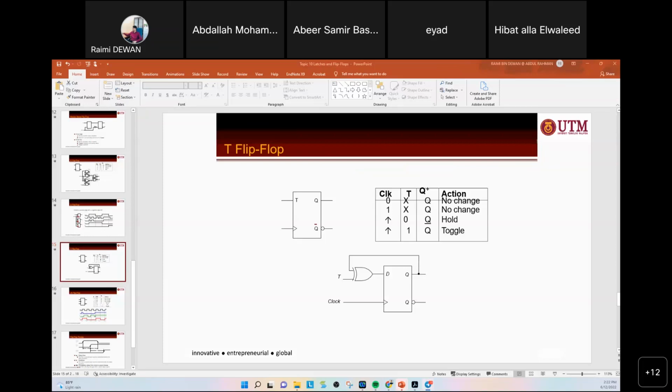Okay, so now I'll refer to 144, the new 144. Is this the old one? Am I using the old book? Can you open the page showing the T flip-flop?